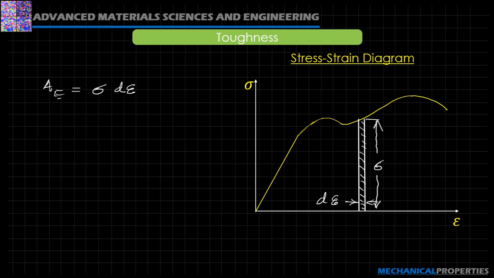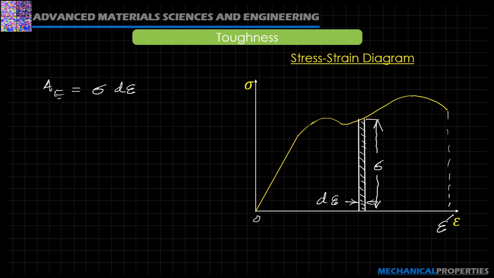Further, we can, if we integrate from 0 to the maximum, let's say the maximum strain, that is epsilon dash, this would be the total area of stress strain diagram.